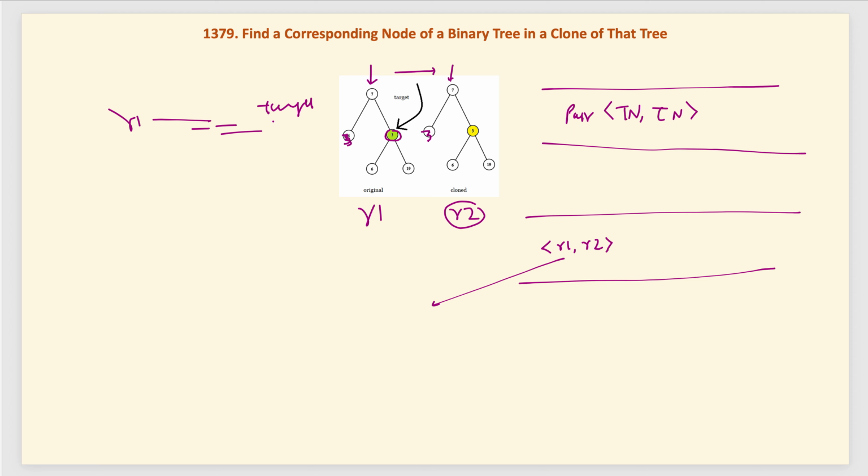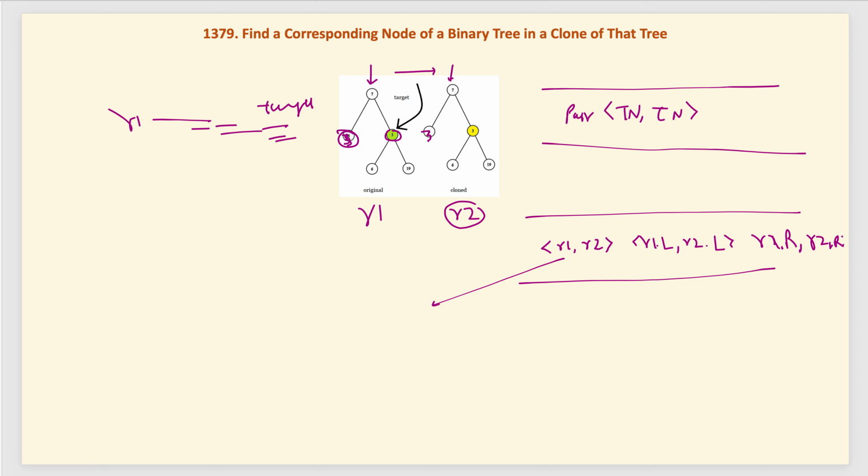We compare R1 with the target, and if it is not equal, then we check the left and right child of R1. If present, we add R1 left, where I am representing left with L, and the corresponding R2 left. Similarly, we add the R1 right child and the corresponding R2 right from the clone.